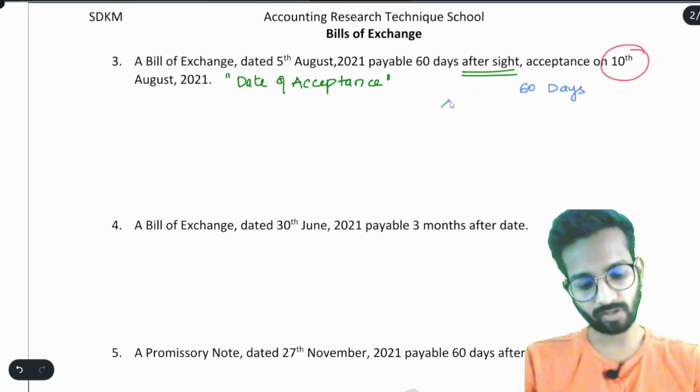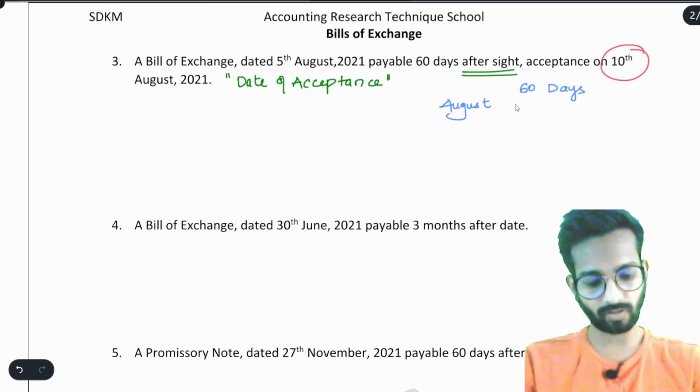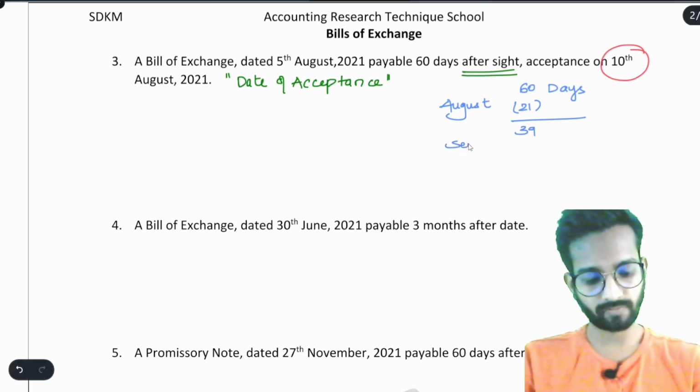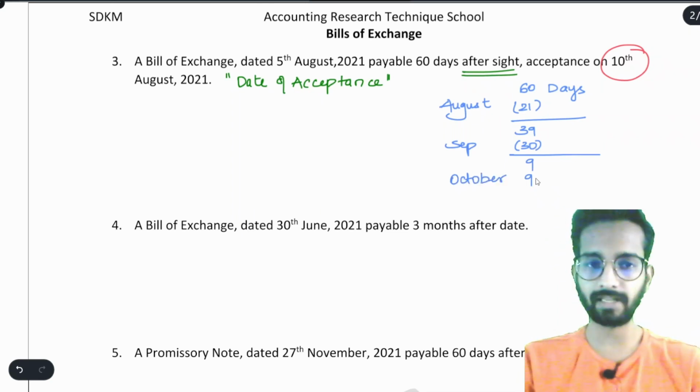How many days for August are pending still? We will say, sir, for August 21 days are still pending. Okay, so 60 minus 21, 39. After August, September. So for September, 30 days. How many are remaining? 9 days are remaining. Then for October, we will take the 9 days from October.